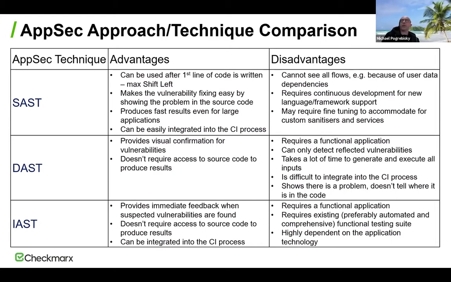Think about how long a typical penetration testing engagement on a sizable application takes: hours, days, maybe even weeks. With SAST, even for relatively large applications of millions or tens of millions of lines of code, typical scanning time could be within hours. And if it's a smaller component, you get your results within minutes.